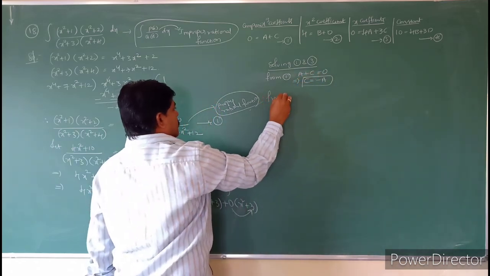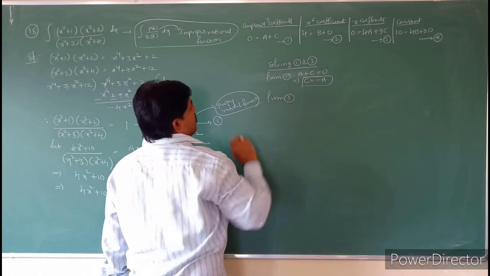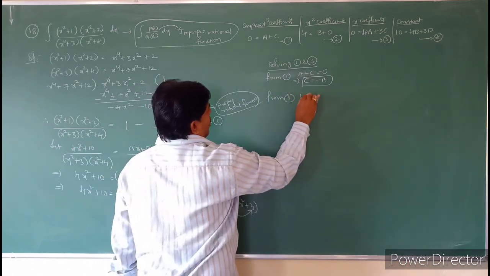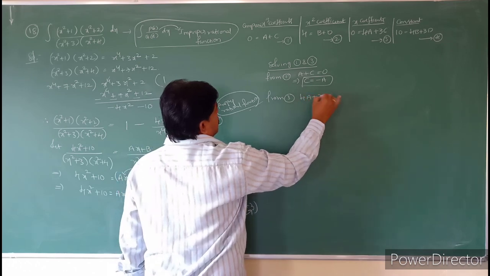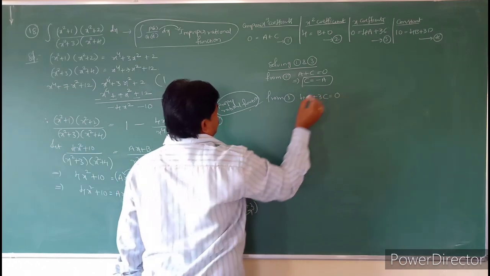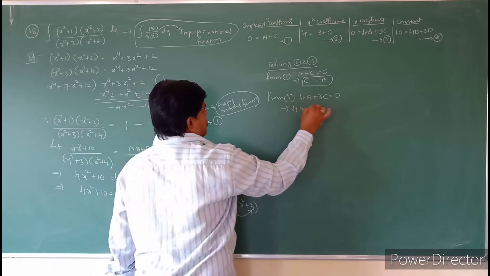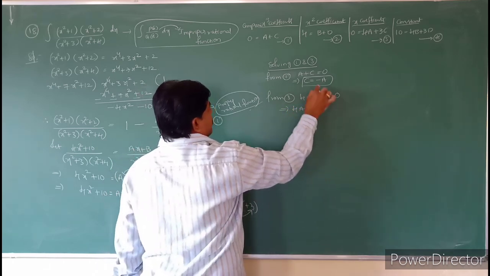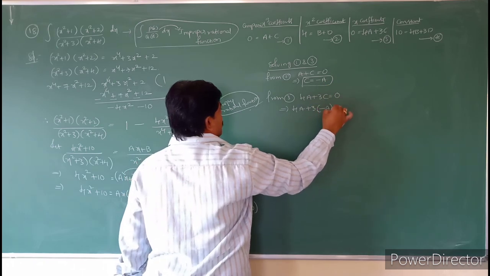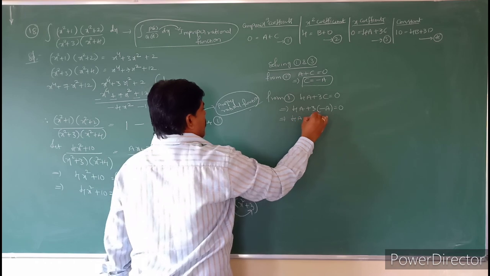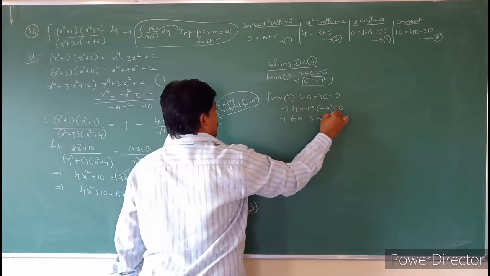From 3, what is equation 3? See students, equation 3 is nothing but 4a plus 3c is equal to 0. So that implies 4a plus 3 into, what is the c value? The c value is minus a. So that is equal to 0. That implies 4a minus 3a is equal to 0.